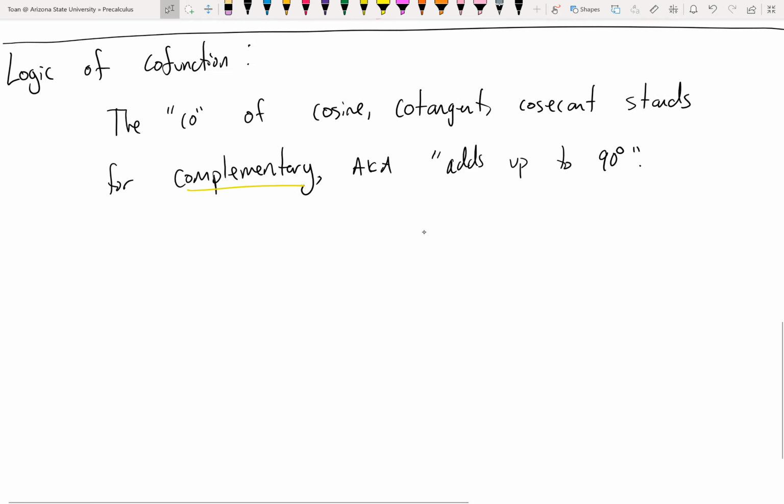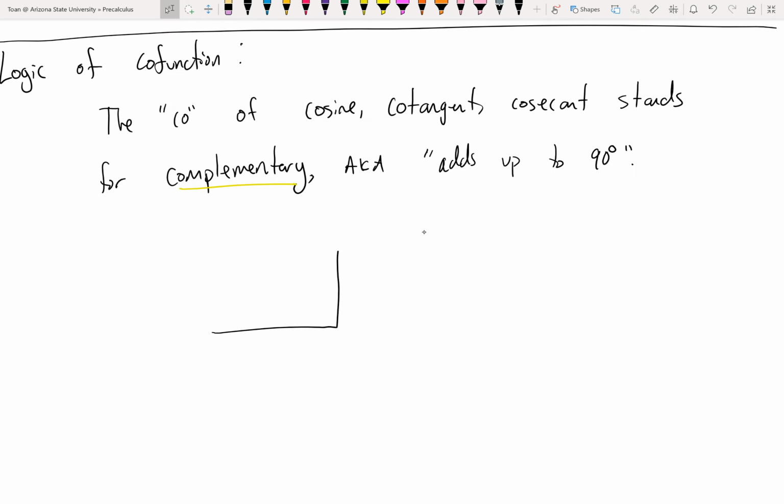Why is that important? Well, remember that in a right triangle, which is what we all study when we do trig, the non-right angles are always complementary to each other. So if this guy is theta, this angle up here, phi, has to add up. Both of these have to add up to 90 degrees, or pi halves radians. So if this is theta, how would I calculate what this angle is?